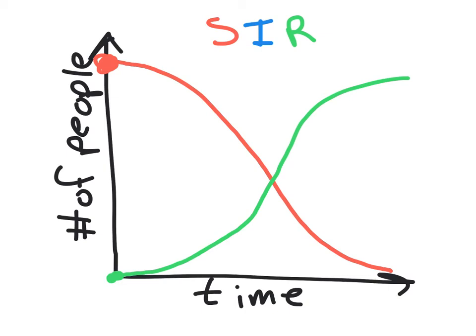And then, of course, we'll have our infected graph, which is also going to start very low, maybe at just 1 or 2 infected people. And it's going to have a positive slope initially, but there'll come some spot where the number of people being removed each day is higher in comparison to the number of people that we are losing each day. And so you can see that that will happen right here.